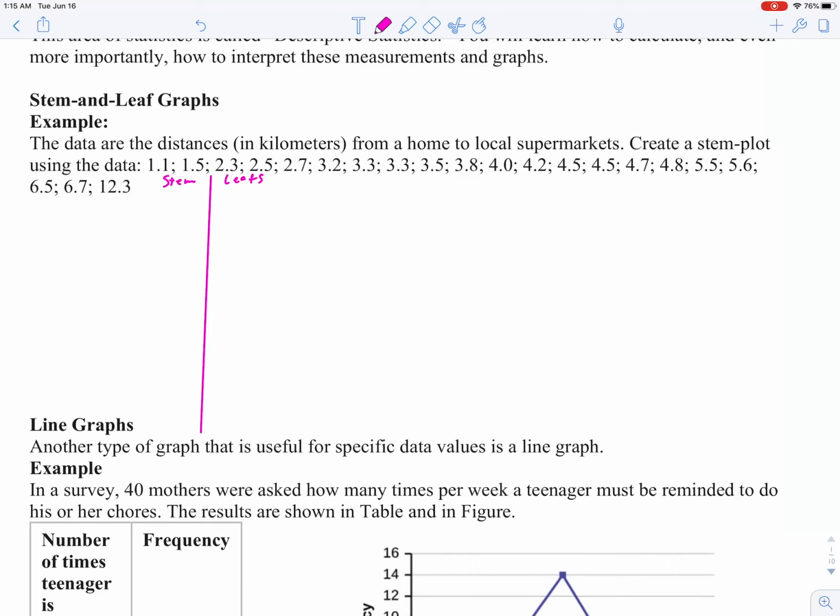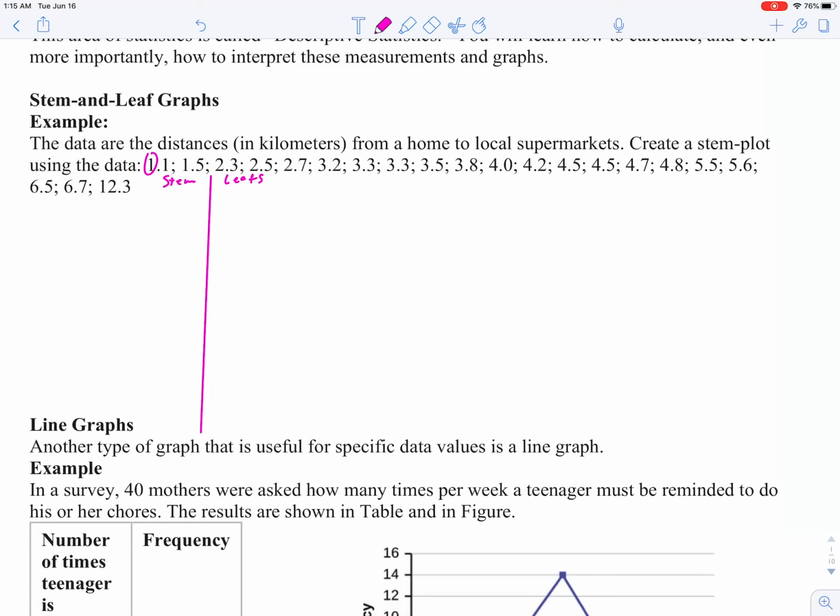Okay. Now look at all the data that we have. It's a digit with a decimal in the tenths place, right? So we're going to break that into two pieces. The stem is going to be the digits.